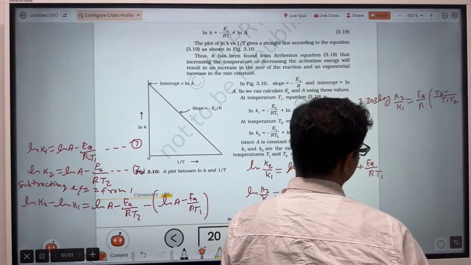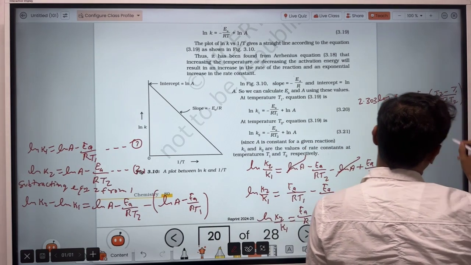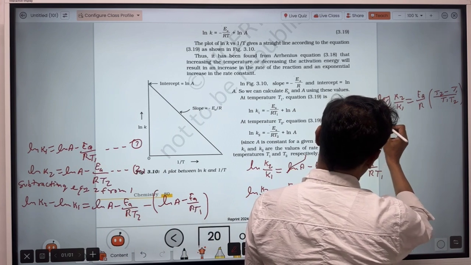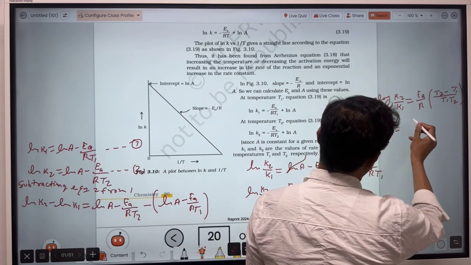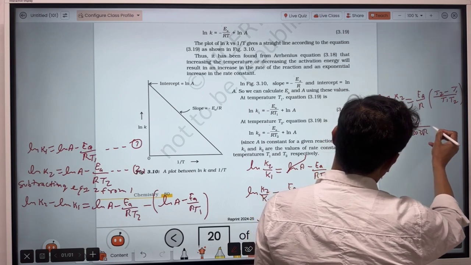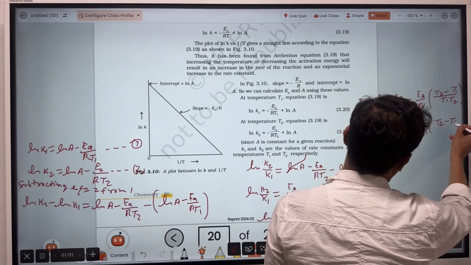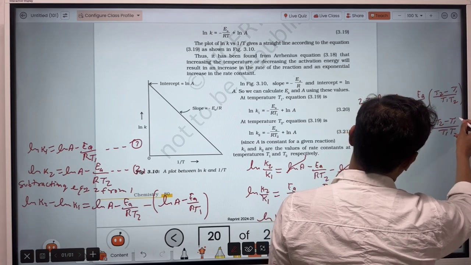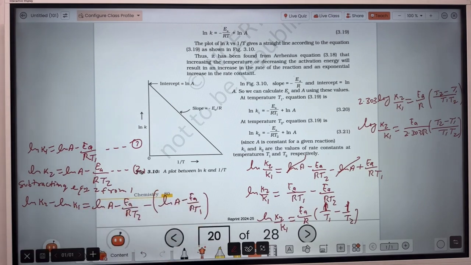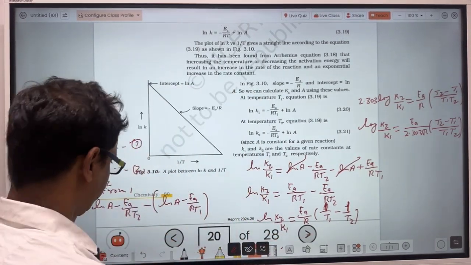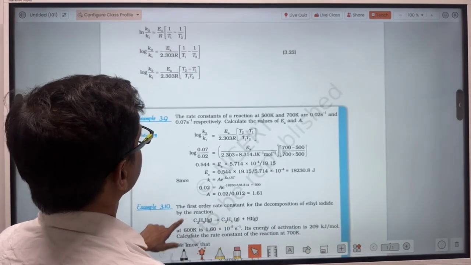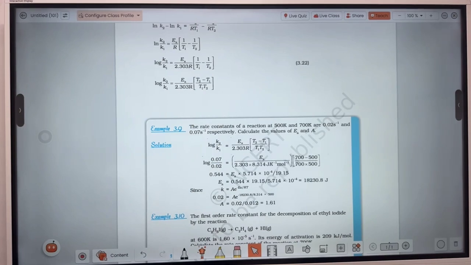So log K2 by K1 will equal EA upon 2.303 R into T2 minus T1 upon T1 T2. This equation, you may check here also. So that's the formula.